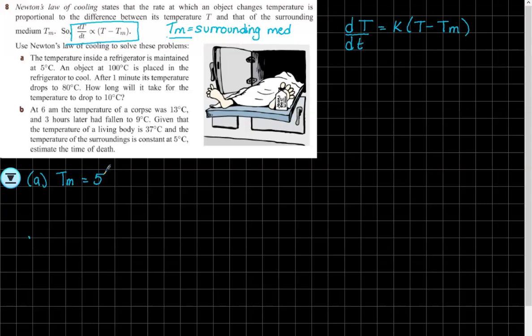So would we say at t equals 0, the temperature is 100? Why did I say 500? I just don't know. After 1 minute, its temperature drops to 80 degrees, so temperature equals 80 when t equals 1.